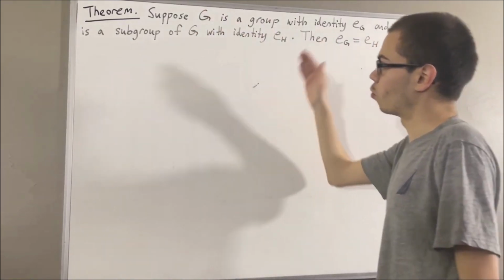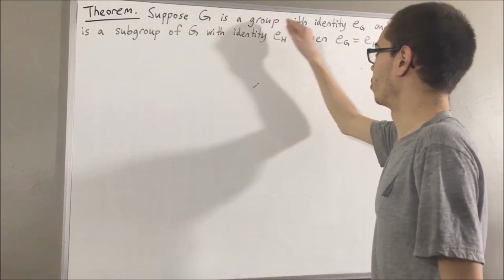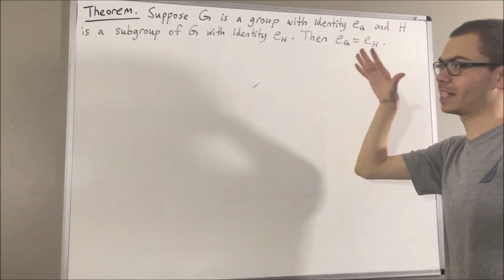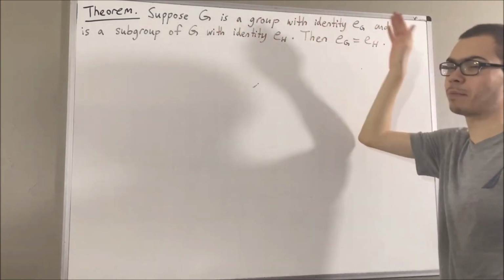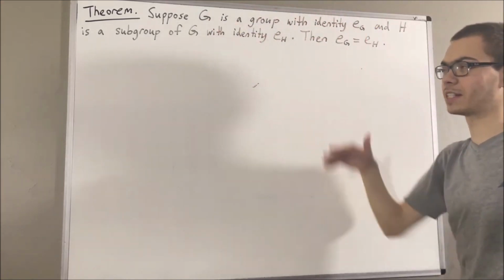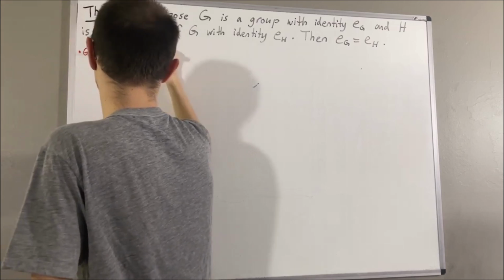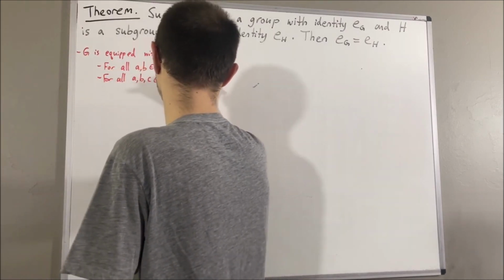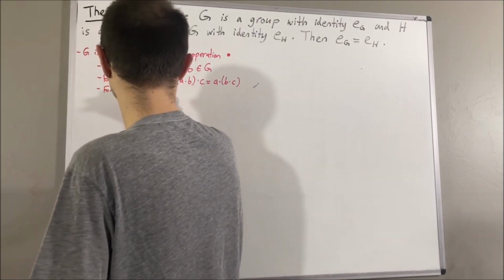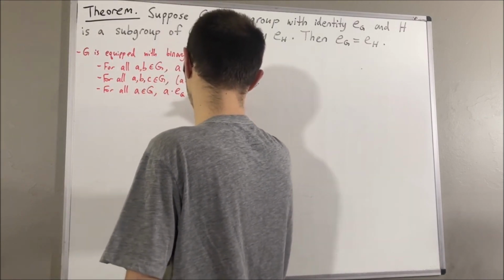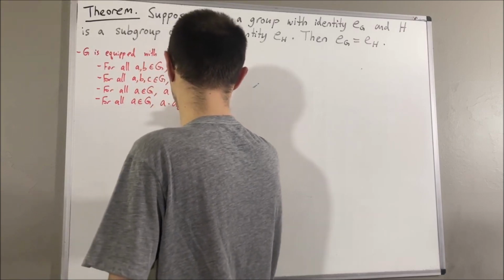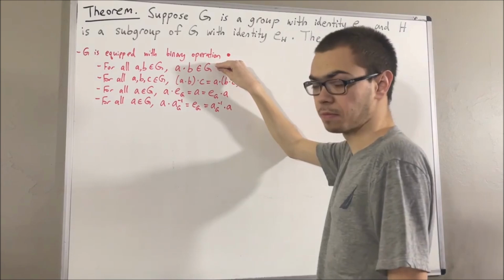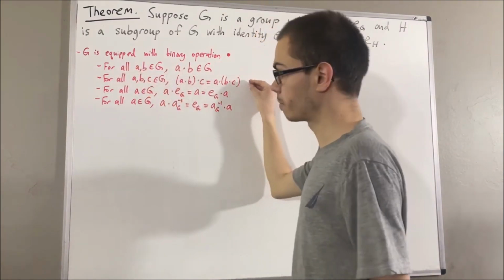First of all, what does it mean to say G is a group with identity element EG? Well, it means that G is equipped with a binary operation which satisfies the following. So G is closed under the binary operation, and the associative law holds.